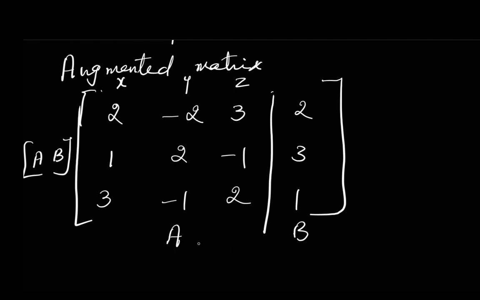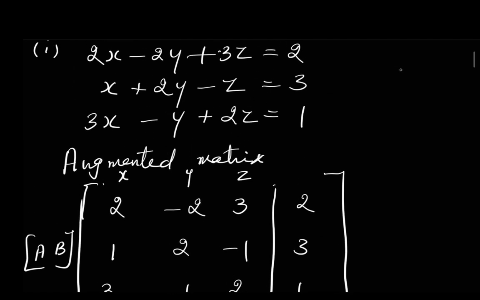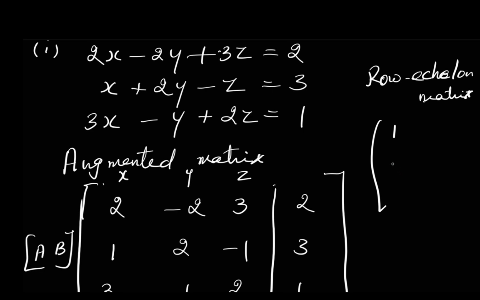Here I am going to convert this matrix A into the row echelon form. Row echelon matrix. See, in the row echelon matrix, we always have the first entry as 1, and below this entry the column entries are 0.